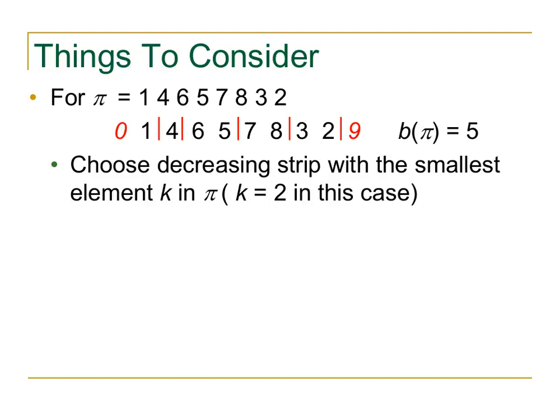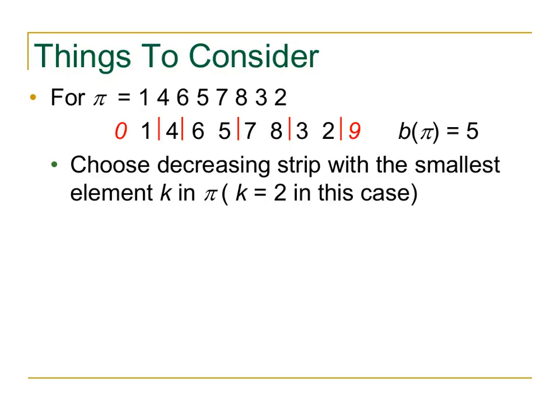Building on Theorem 1, let's examine the permutation pi equals 1465782. To count its breakpoints, we pad it with 0 at the front and 9 at the end, giving 014657829.